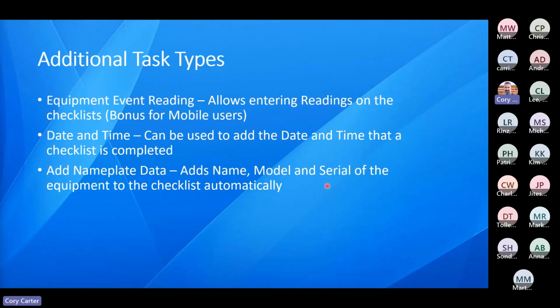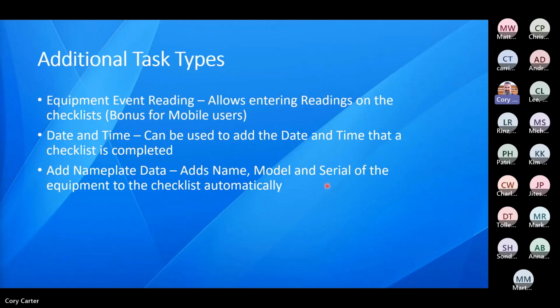Date and time can be used to add date and time to the checklist. You can just add those task types into your checklist, and they'll give you a calendar to choose your date, and they'll accept time in a proper time format. Add nameplate data is another useful feature. Maybe not overly useful for some of this group, but when you're creating your checklist, if you use add nameplate data, it adds name, model, and serial number fields to your checklist, and those fields are automatically filled from the equipment entry that the checklist is attached to.